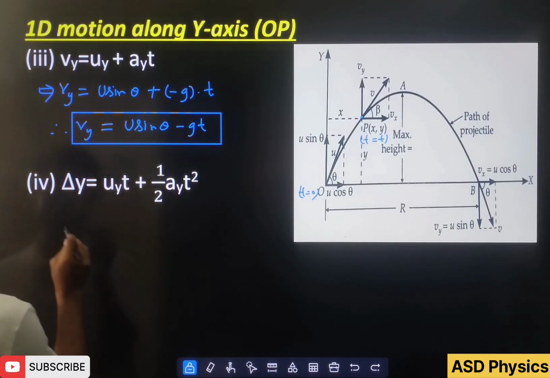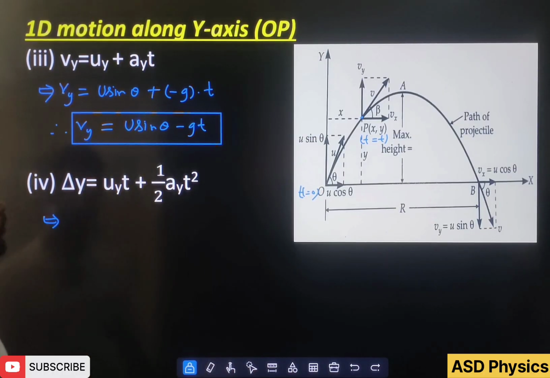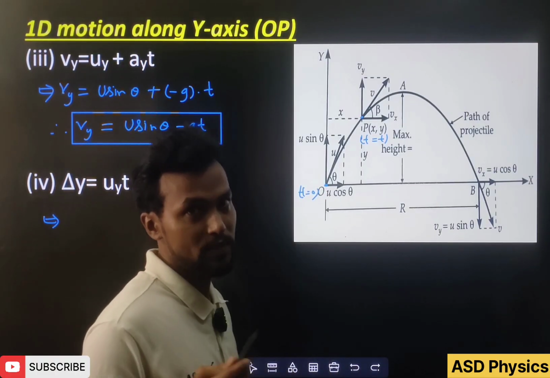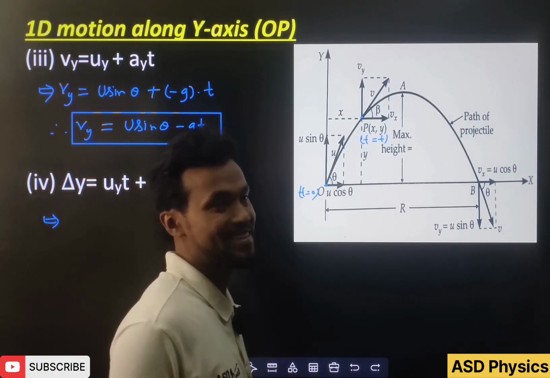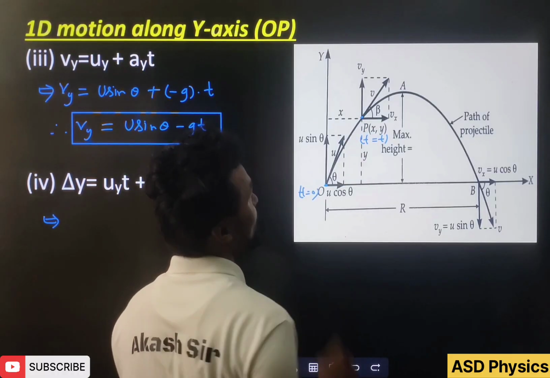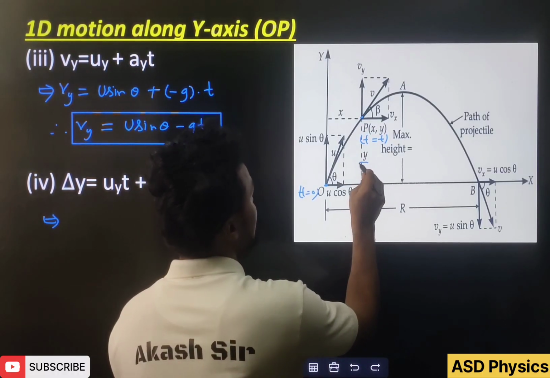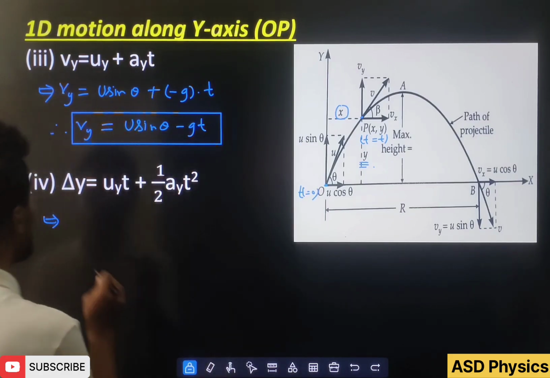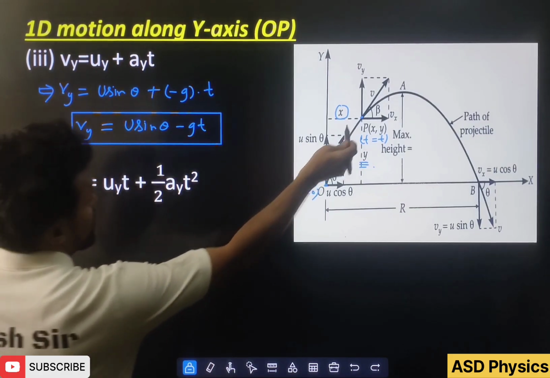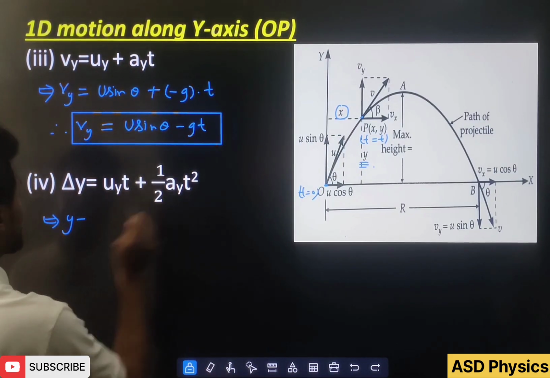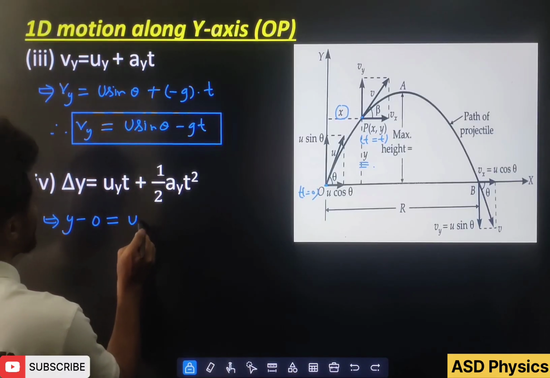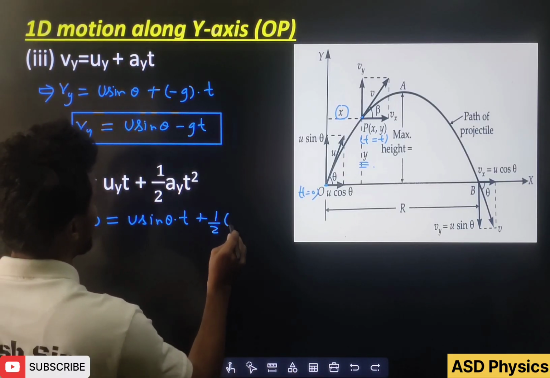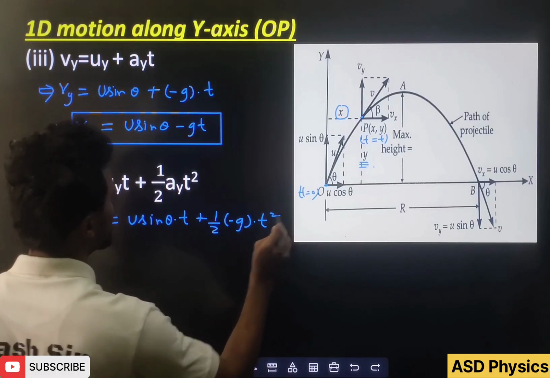Now, if I talk about the fourth equation, you can see the y coordinate is 0, 0 comma 0 initially. And the final y coordinate is the height y, like the horizontal distance was x. So finally y, initially 0, is equal to u sin theta t plus half minus g into t square.